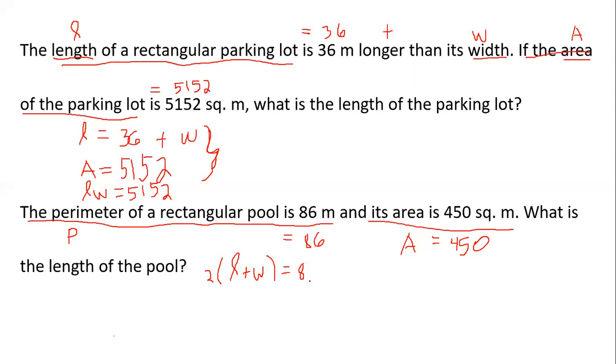So yan po yung formula para sa perimeter po ng rectangle. And of course, the area of a rectangle is represented by the formula length times width, the product of the length and width. Ayan. Yan po yung ating equations. Let's go to the next one.